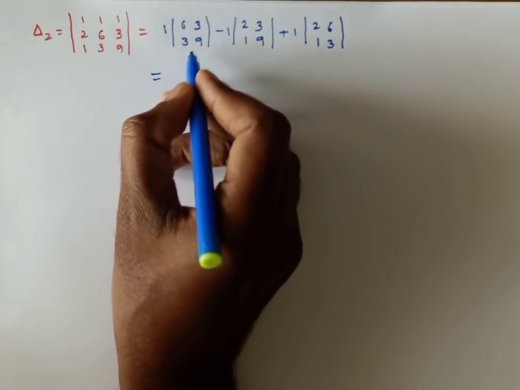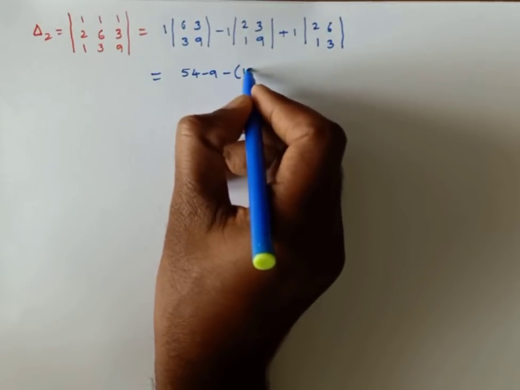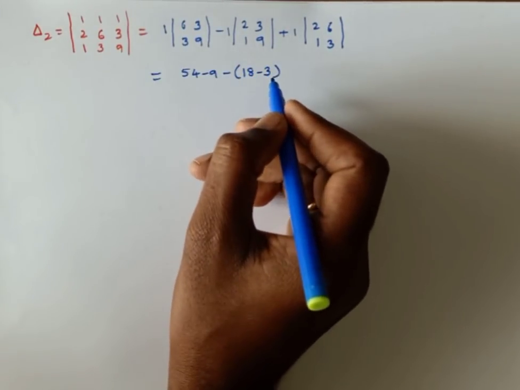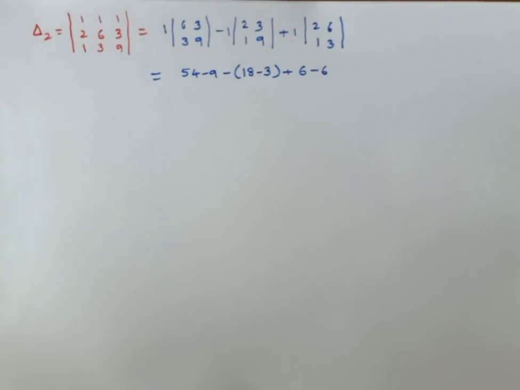Now expand it. So it is 54 minus 9, minus 18 minus 3, plus 6 minus 6.